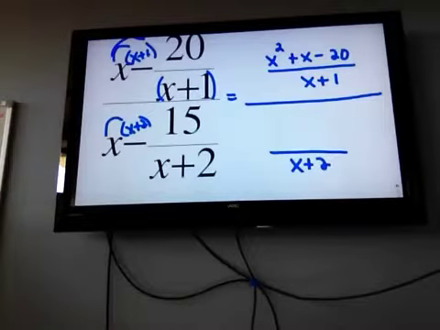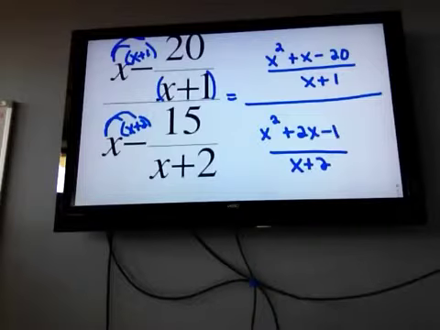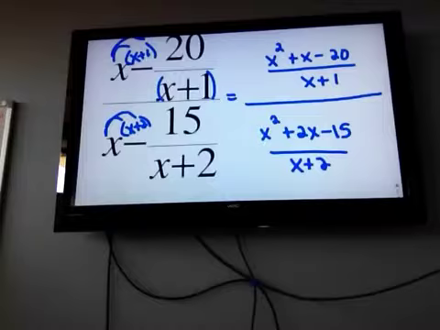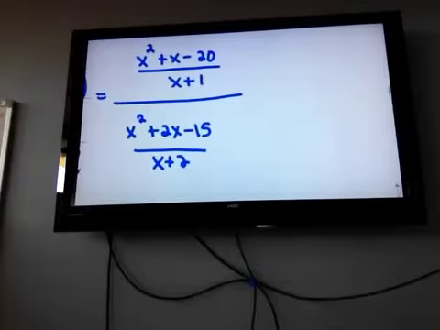So I'm going to distribute and have x to the second, x times x plus 2x, and minus 15 comes over. And now we're back to what goal 1 was like, where we're going to be factoring and canceling. Factor, cancel. It's just written differently, but it's a division still.